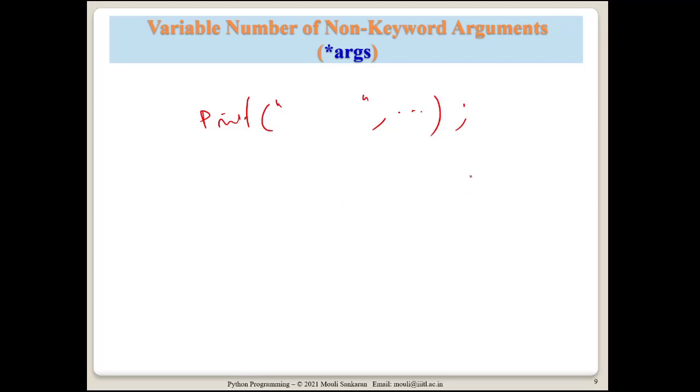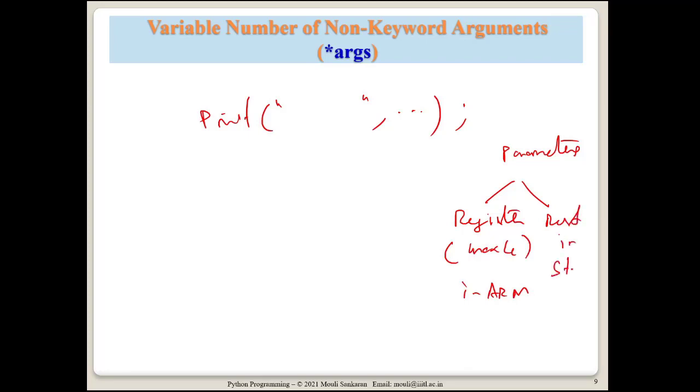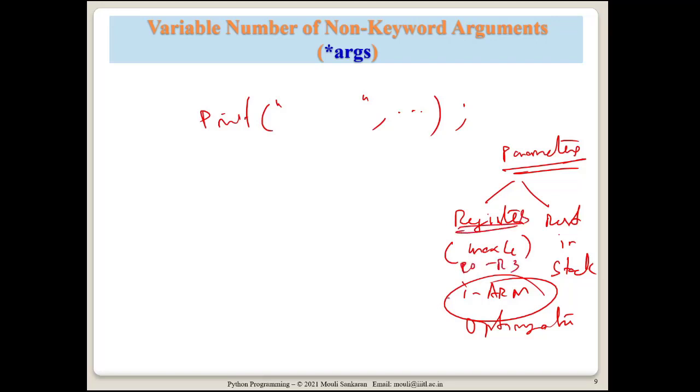I told you about parameters being passed in two ways, partially by registers, max 4 in ARM, and then the rest in stack. This is for optimization purpose, because you don't need to access the stack memory if they are in registers. So R0 to R3, they are passed.